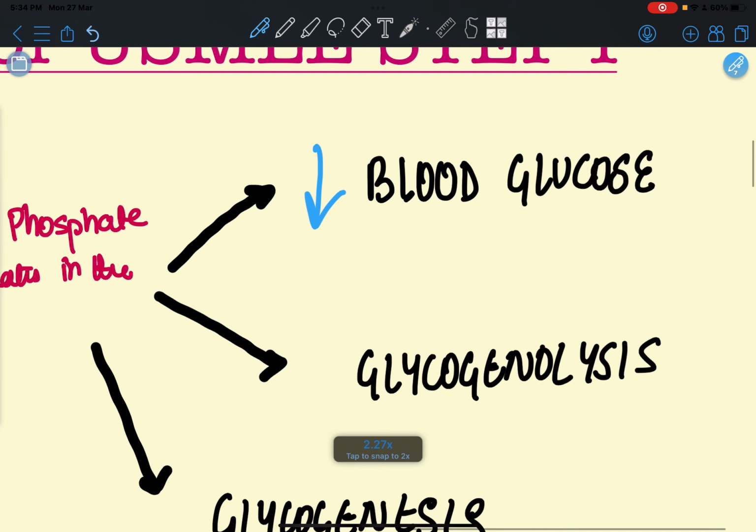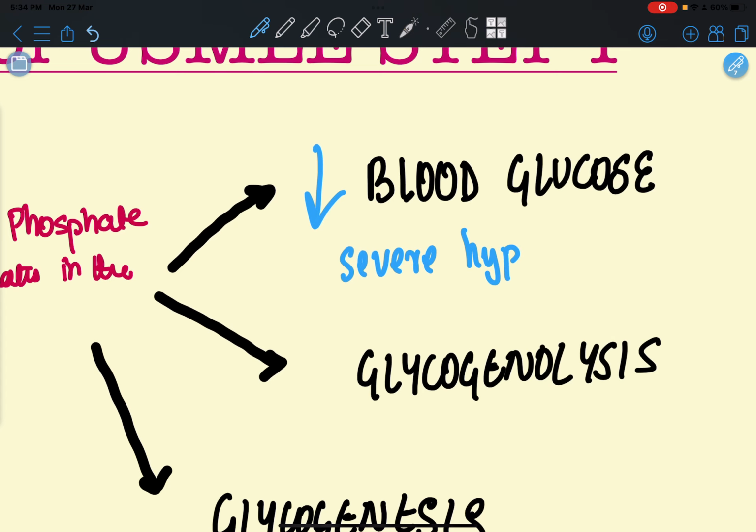So what does that cause? Severe hypoglycemia in the fasting state. Why is the word severe important here? Because we'll see another glycogen storage disease where we see mild hypoglycemia, not that severe. So in von Gierke's, severe fasting hypoglycemia is a clinical feature, and we'll come back to this in a moment.